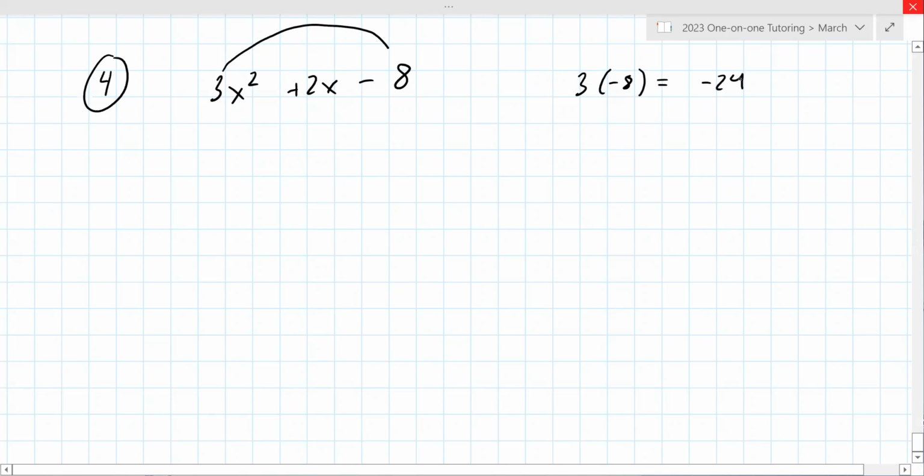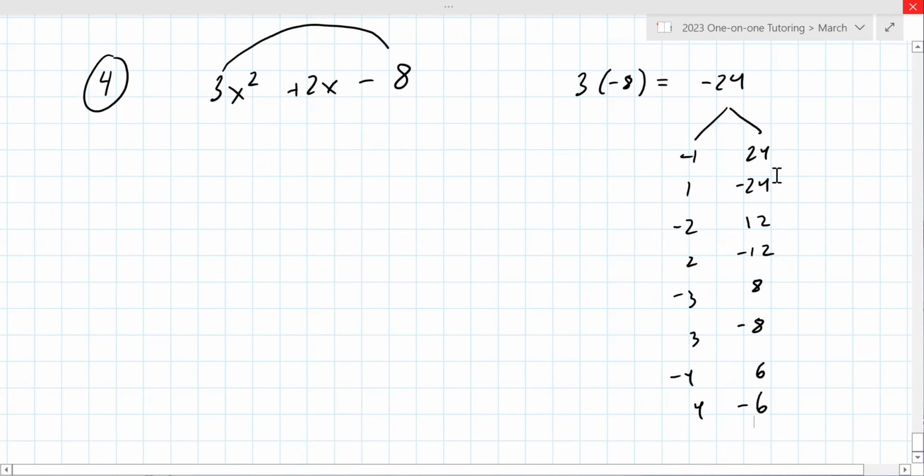This is slightly different than the way you're doing it in class, but just go with it for a moment. You want to write out all the factors of minus 24, basically all the numbers that multiply to minus 24. So minus 1 and 24, 1 and minus 24, minus 2 and 12, 2 and minus 12, minus 3 and 8, 3 and minus 8, minus 4 and 6, 4 and negative 6.